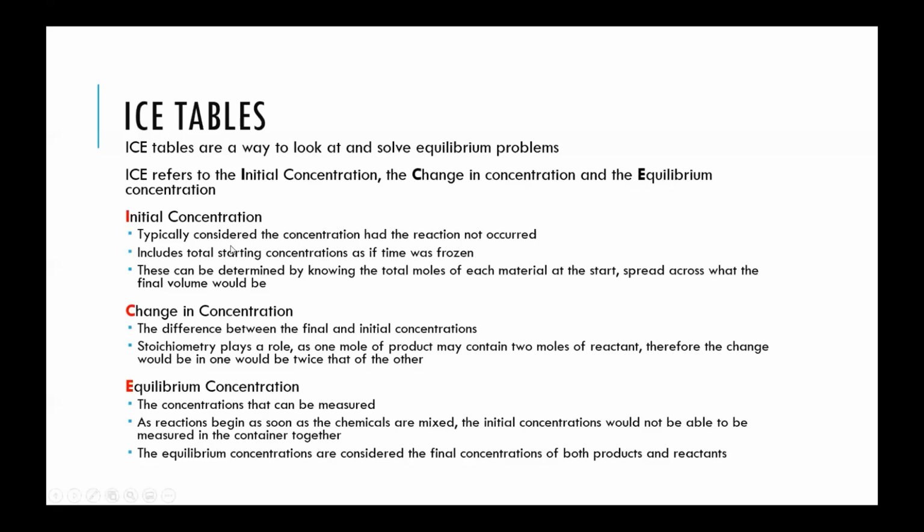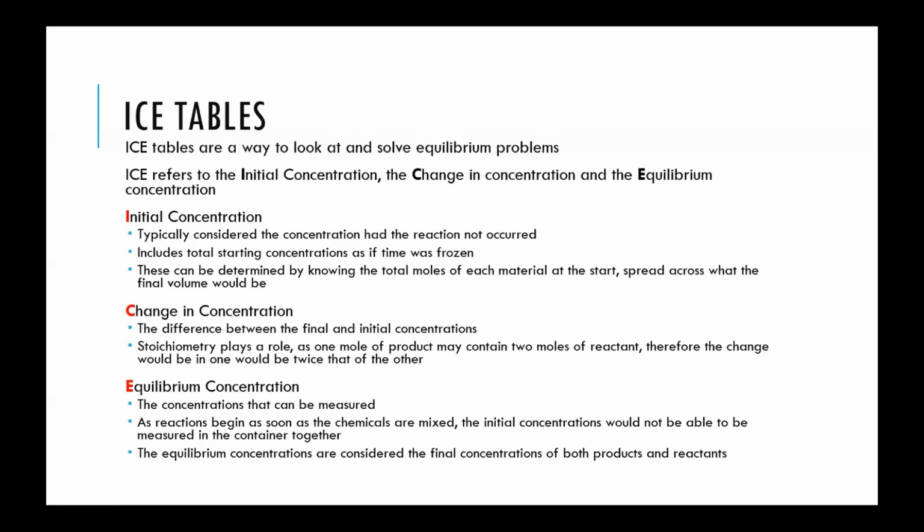I will go over this a little bit later, but just to introduce you, the initial concentration is what would be present if the reaction never actually occurred. If time was paused, you mix everything together, and before the reaction takes place, what would be the concentration of each of the components in that test tube or in that beaker?